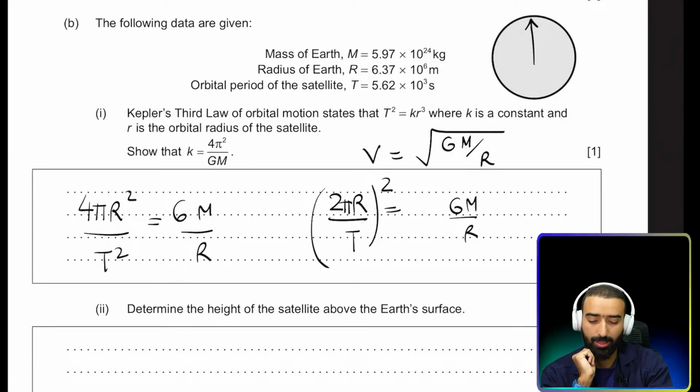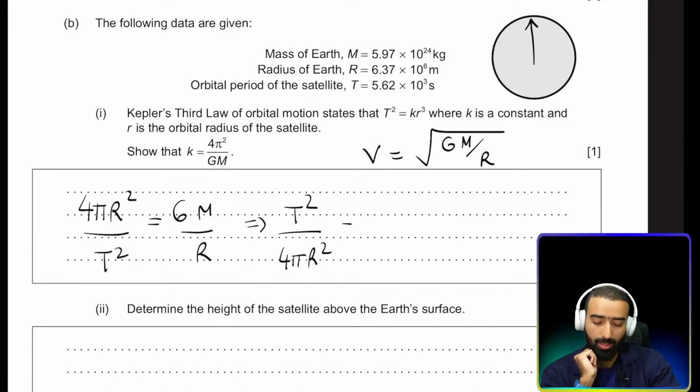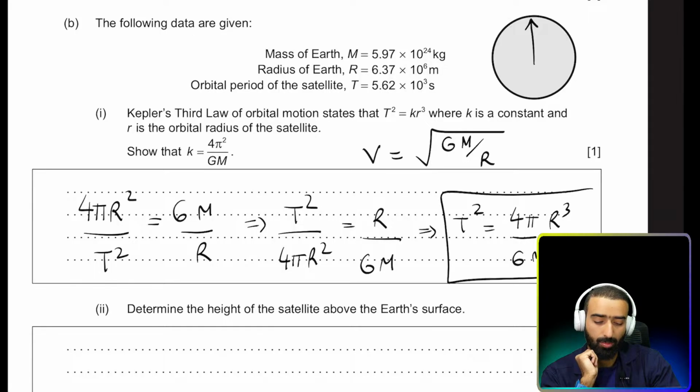Okay, so let's rearrange this equation. I'll get T squared over 4 pi squared r squared equals r over GM. This means that T squared equals 4 pi squared r cubed over GM. Let's box this equation.